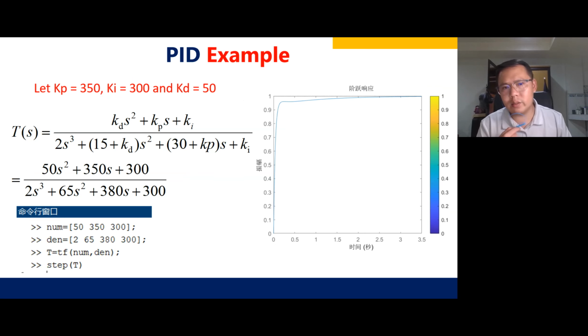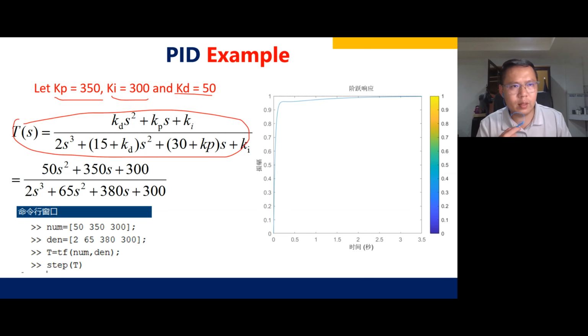Next, we can set the Kp equal to 350, Ki equal to 300, and Kd equal to 50. The expression becomes this, the next expression.